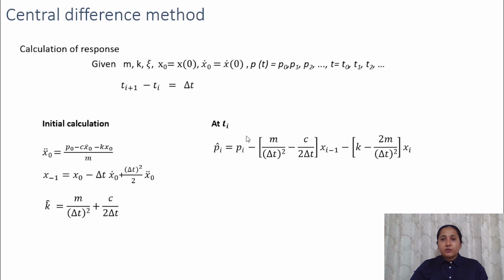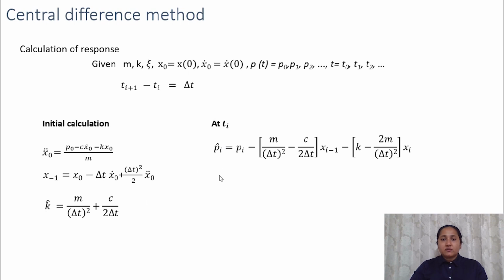So the force at all the instants are known, and the displacement at the previous instant is also known, and we also know the displacement at the present instant. So we can calculate this effective force at the ith instant, and now we know the effective stiffness and the effective force.